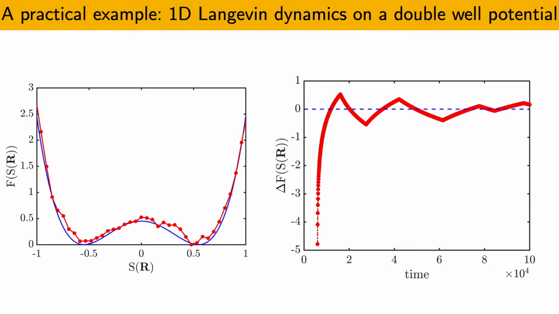In this case, the time averages that are converging to their steady state equilibrium value are the population of the bins of the histogram that we are using to compute the probability density, and then integrate out to compute the free energy difference.